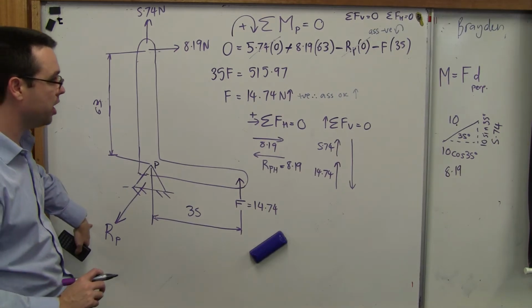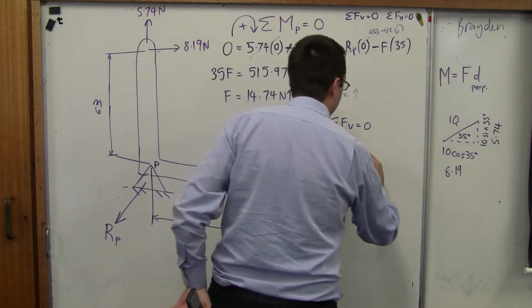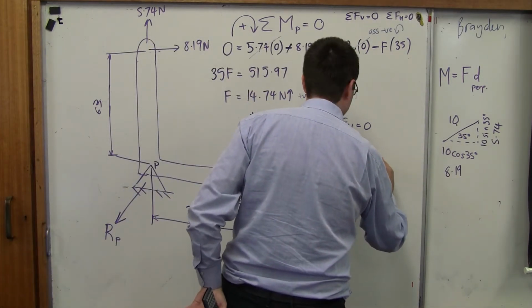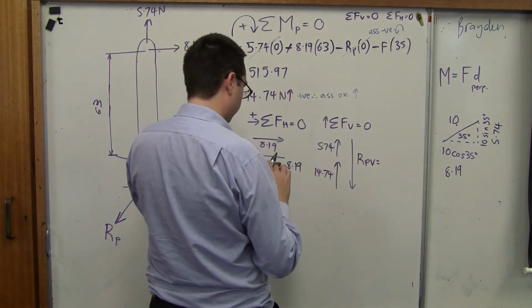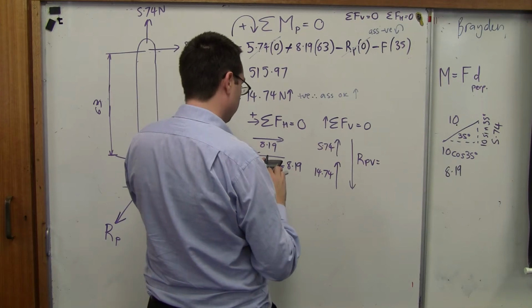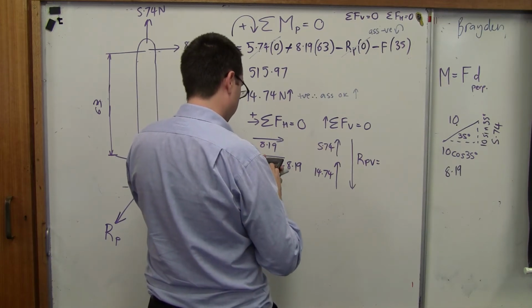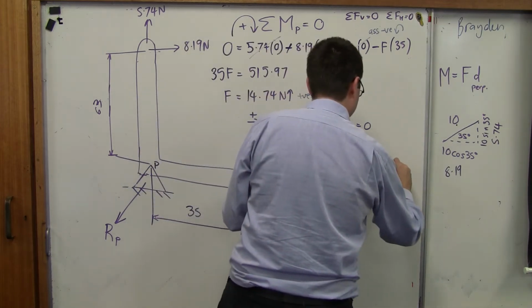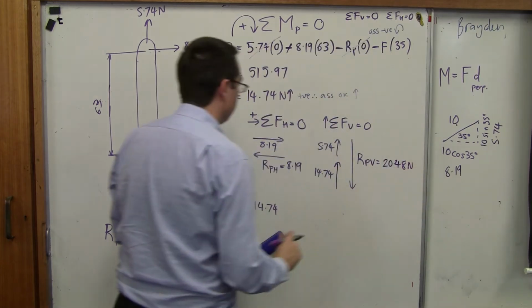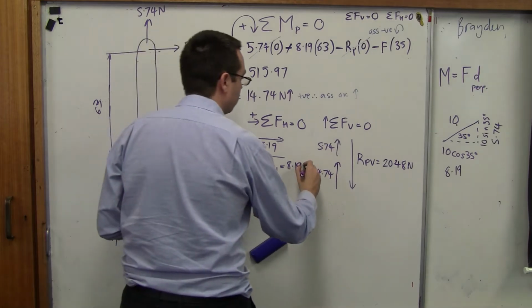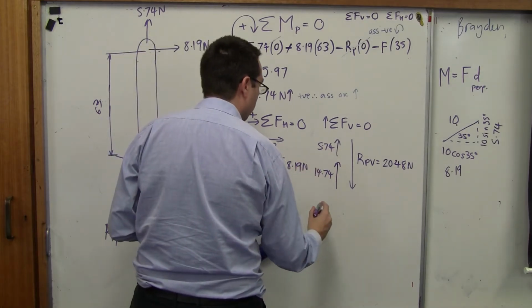The only thing that can push down is our R, the reaction at our point P, and the vertical, which is going to equal those two numbers together, which is 20.48 newtons.